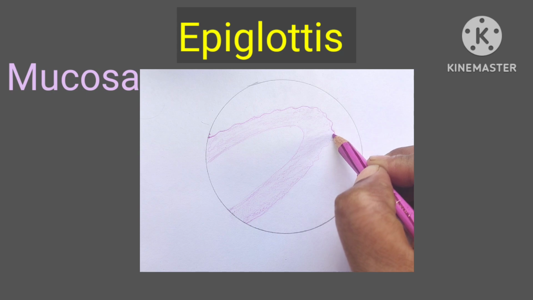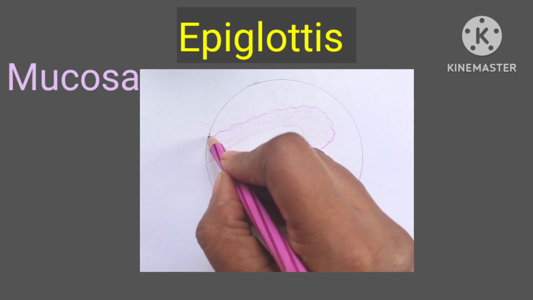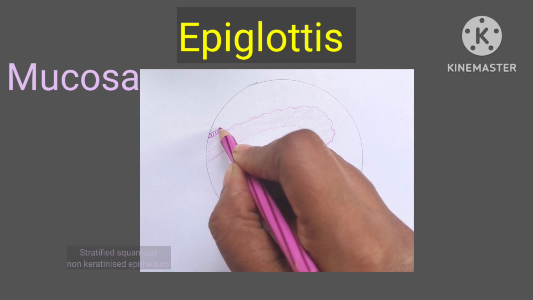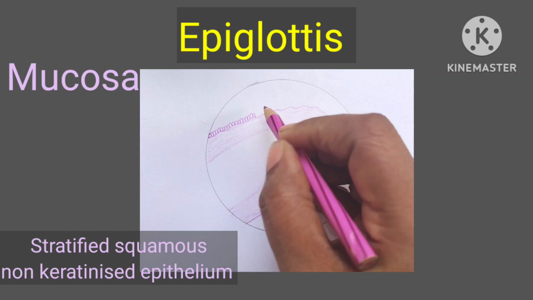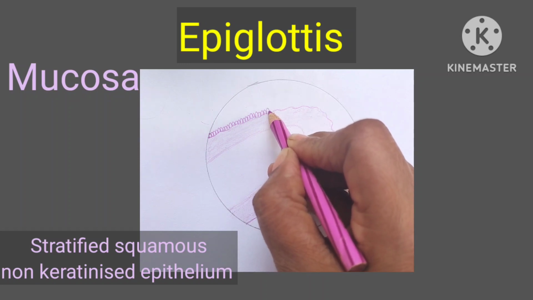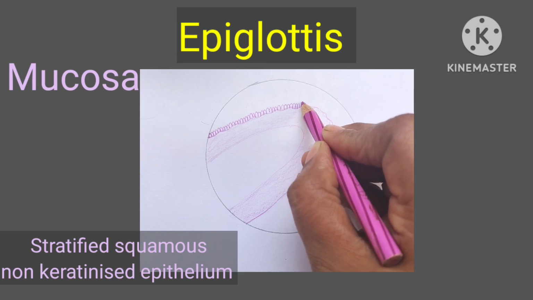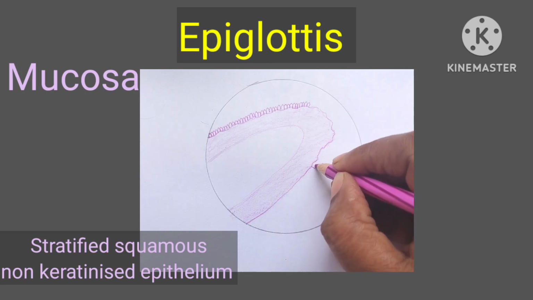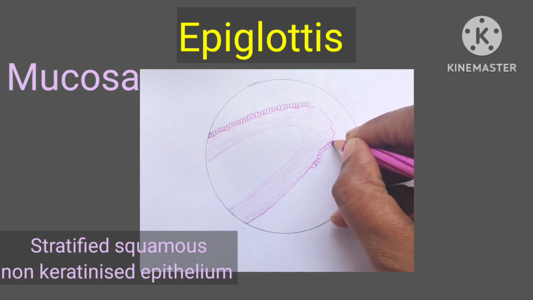On the one side, the anterior surface, the curve, the apical part and part of the posterior surface, we are going to show stratified squamous non-keratinized epithelium similar to the oral mucosa. This anterior surface faces towards the tongue. Stratified squamous means the basal columnar cells, 2 to 3 layers of polygonal cells, and the surface squamous cells.